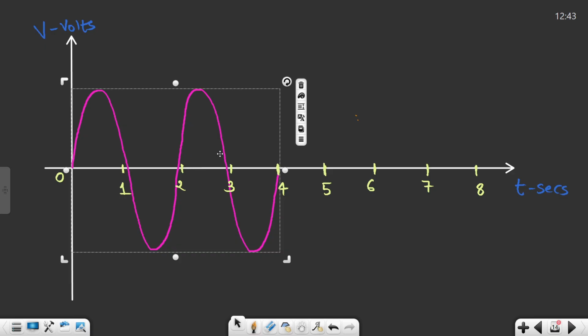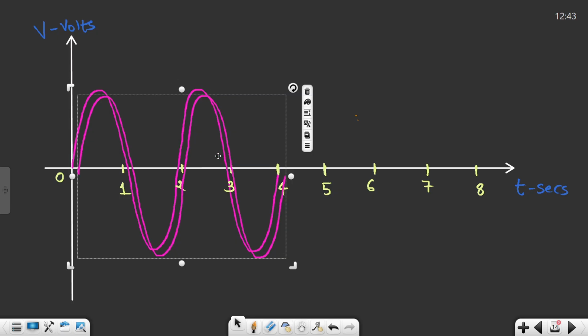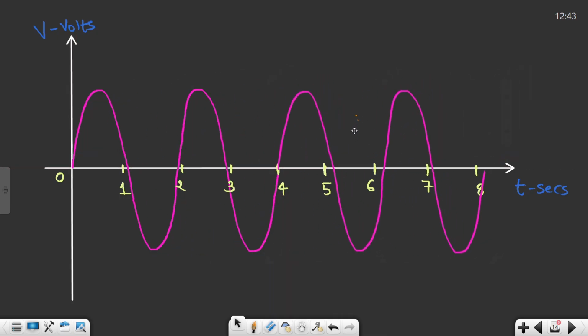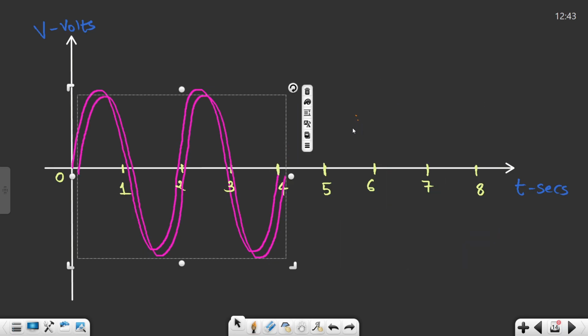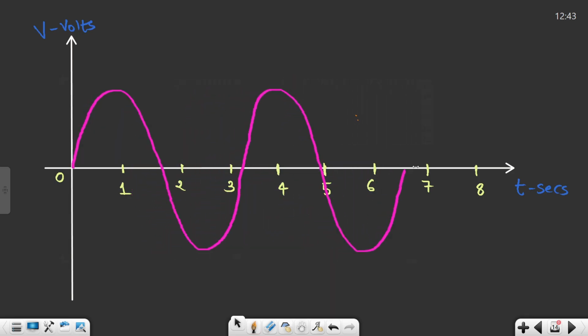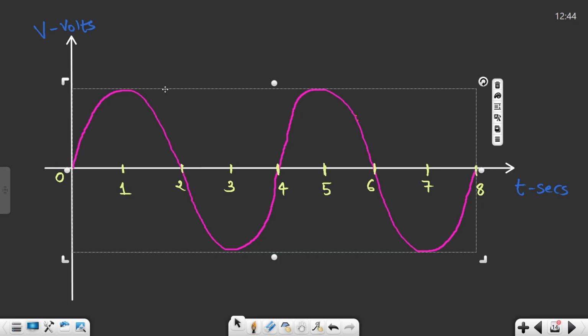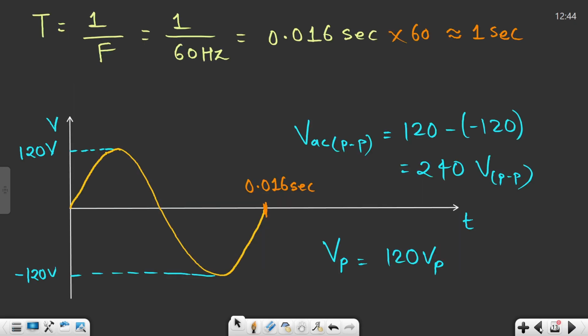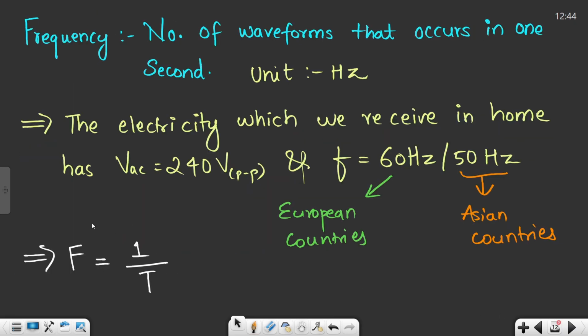If I copy paste this, I can manage two more waveforms to show over here. Getting the point? On the contrary, if you increase the time period of the waveform, you are decreasing its frequency. This is what the formula means: if you increase the time period, you are decreasing the frequency.